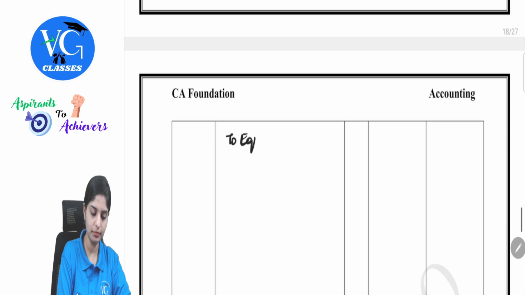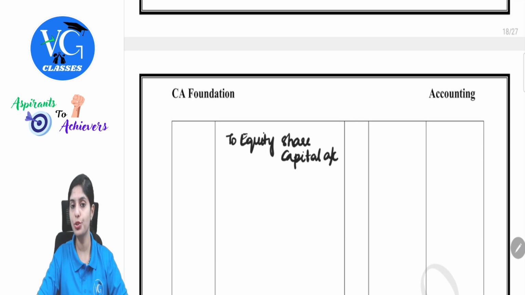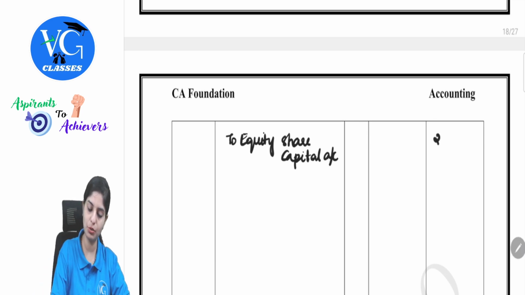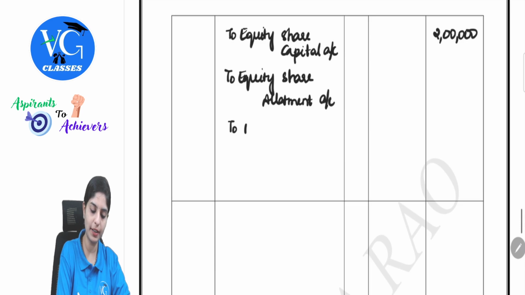To equity share capital account. Let's logically write down the amount. How much was issued? 1 lakh. So I can only transfer how much I issued for. 1 lakh for 2 rupees will be 2 lakh. I had adjusted some amount towards allotment, so to equity share allotment account. And some of the amount was also refunded, so therefore to bank account.